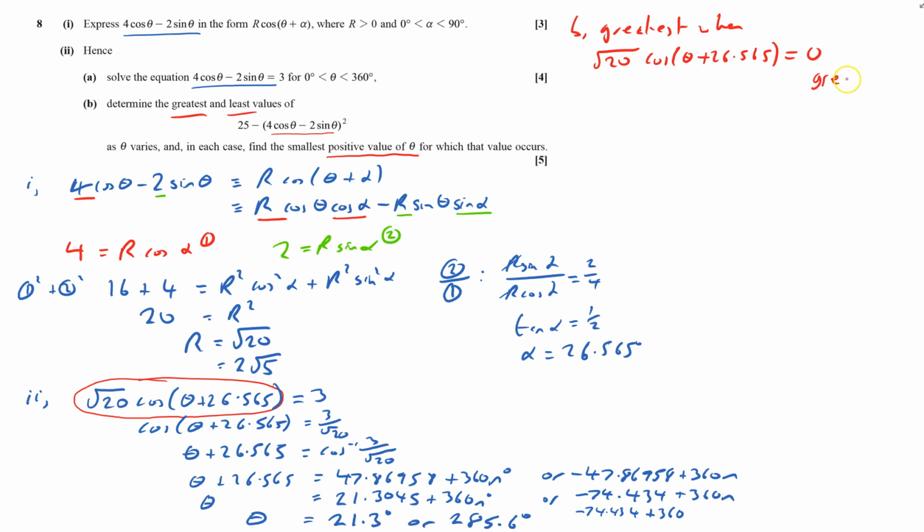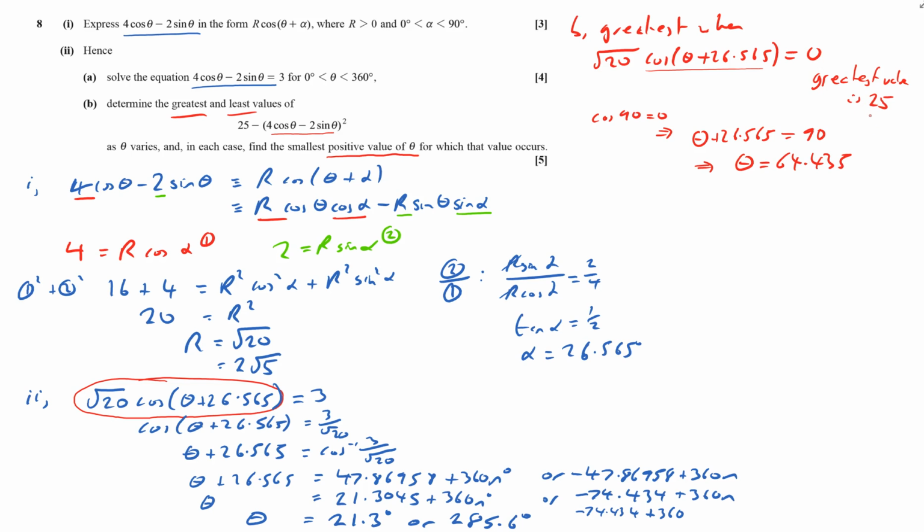So I must write down what the greatest value is. Greatest value is 25. When does it occur? It occurs when this bit must be 0. So cos of 90 is 0, therefore theta plus 26.565 must equal 90, and that tells me that theta equals 64.435, and that's when it's 25.